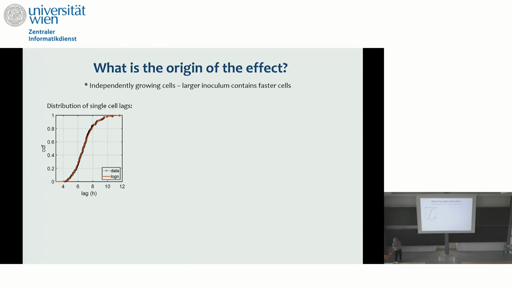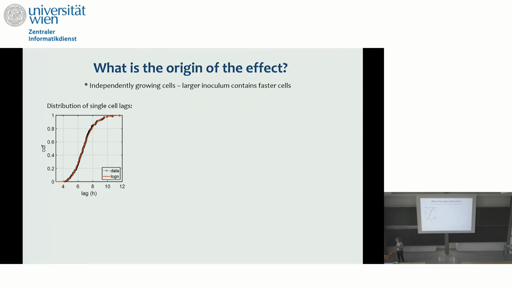In our experiment, we have measured the single-cell lag time distribution. It's approximately a log-normal distribution. You can see now the time scales. The average lag here is close to 7 hours, and it ranges between 4 and 10 hours.